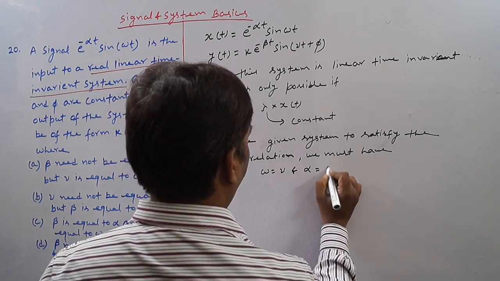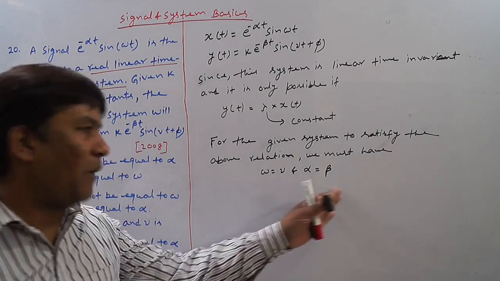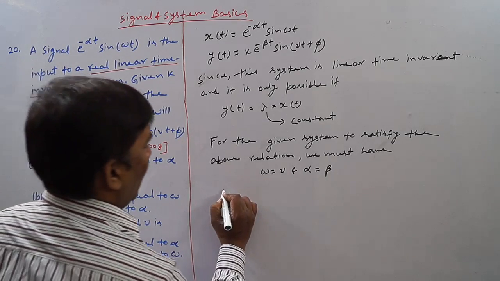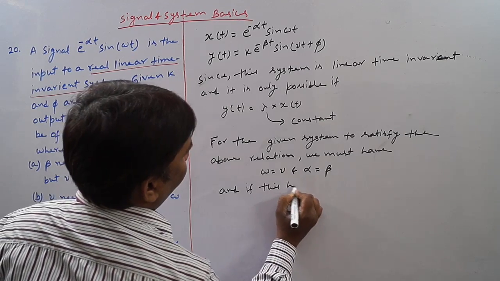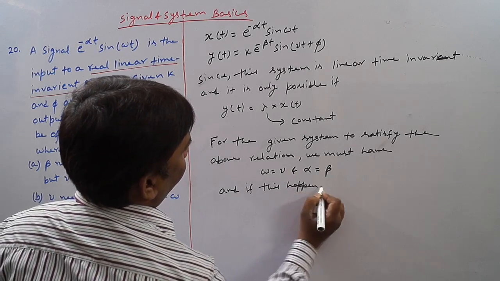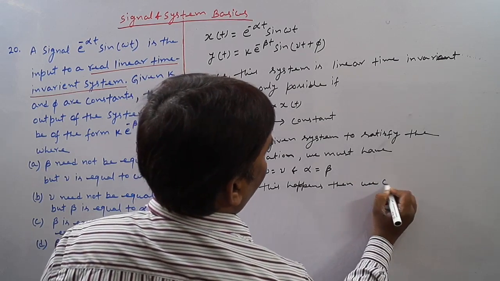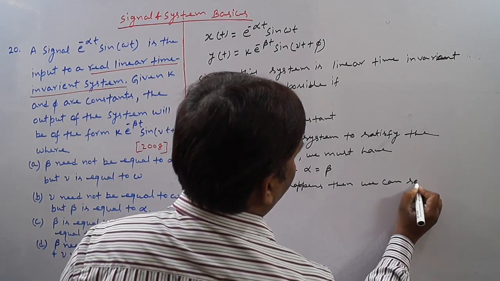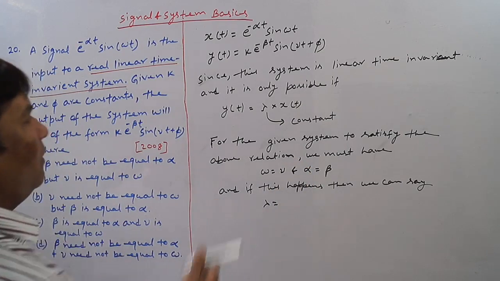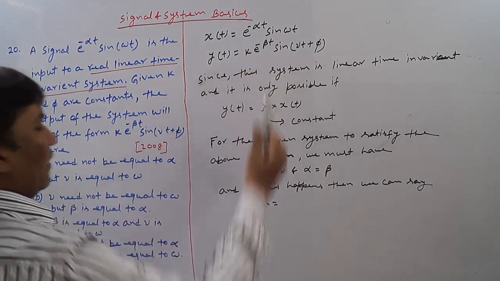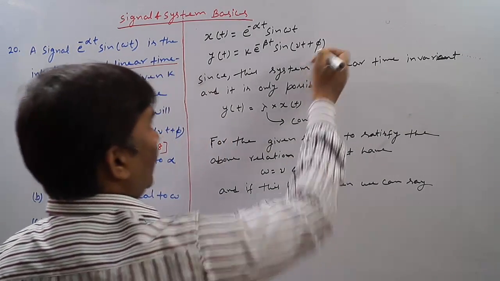If this happens, then we can write lambda equal to K angle phi.